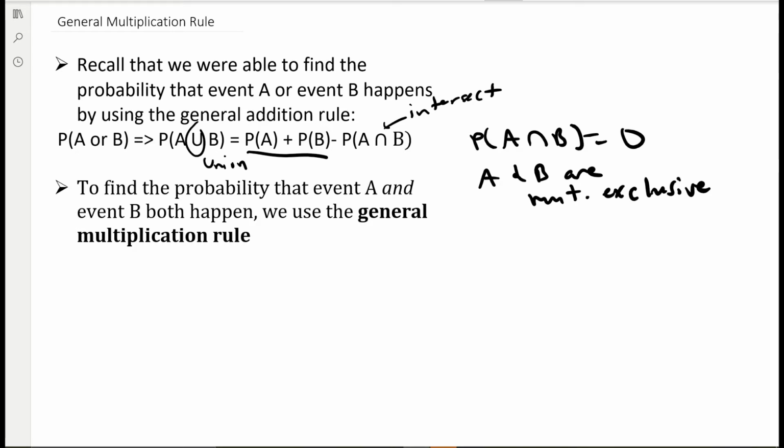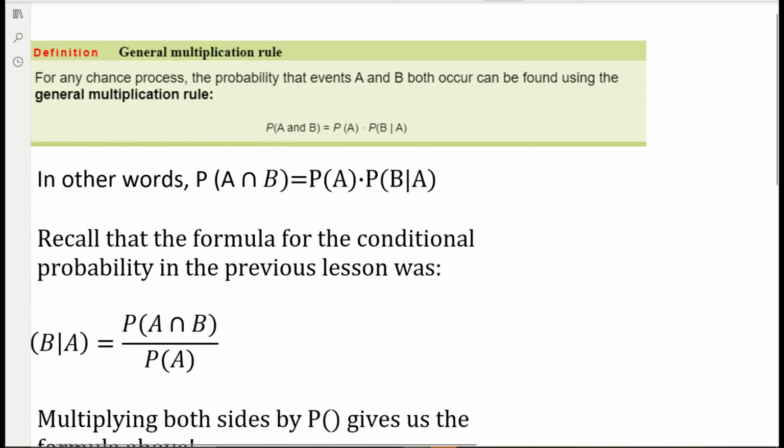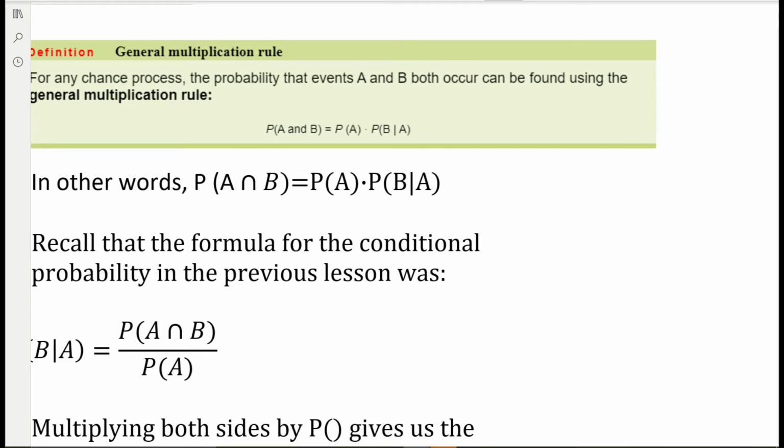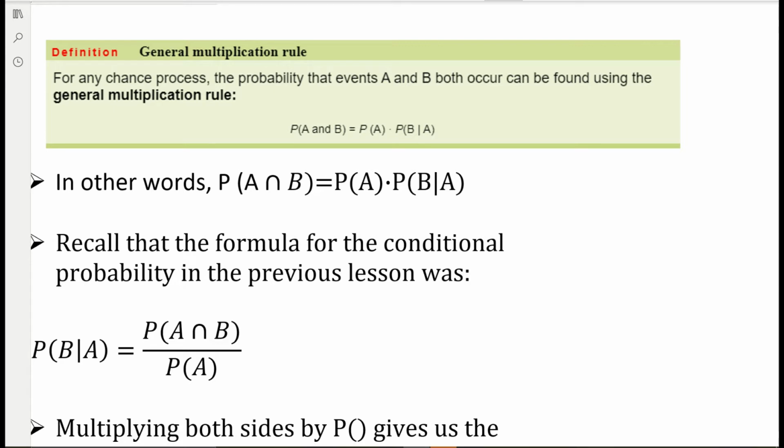Now, for the general multiplication rule, if you want to find the probability that events A and B happen at the same time rather than or, we use the general multiplication rule for this purpose. So the general multiplication rule states that for any chance process, the probability that events A and B both occur can be found using the rule. And remember that the other symbol for and is the intersect symbol.